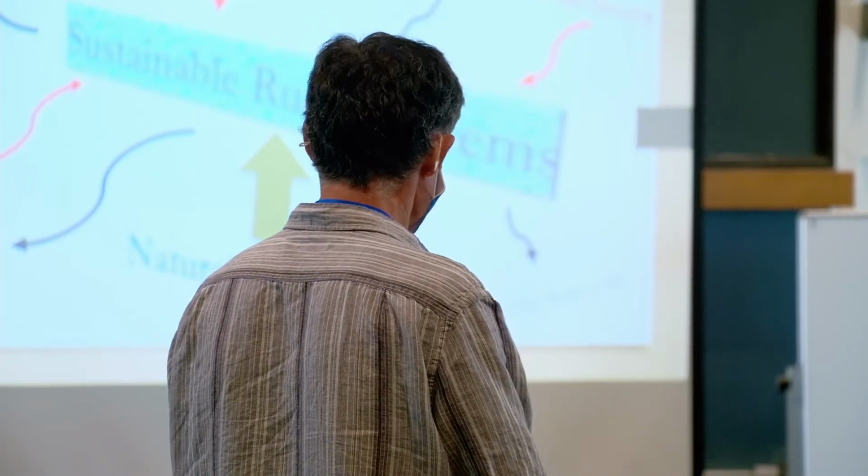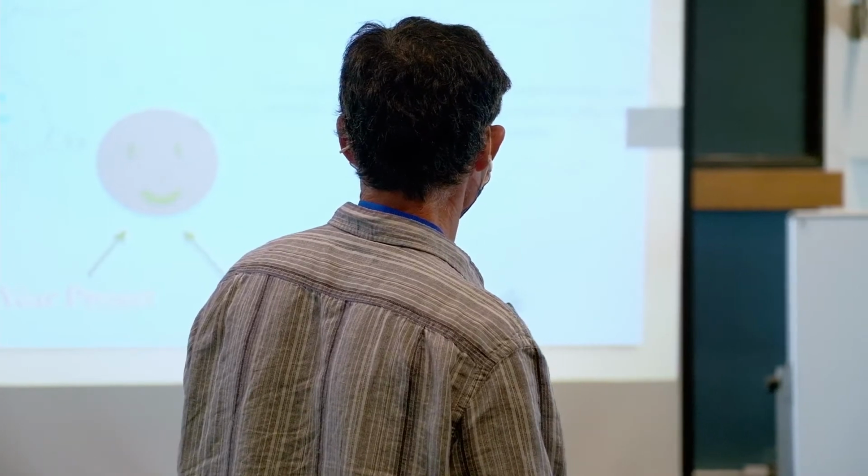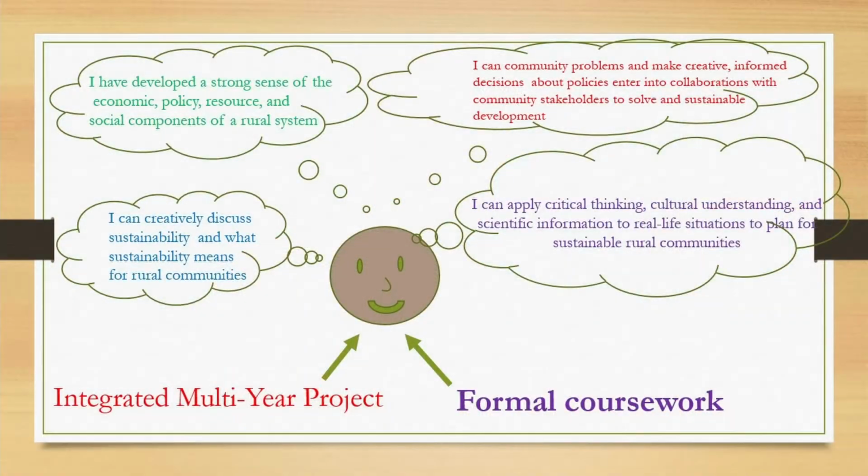Anyways, I'm not going to spend too much time on that slide. This next slide shows what we want students to come out of the program with. It's a 4-year degree program. And the main things in the thought bubbles there are kind of normal things that you probably want students to get out of any class that you would teach them, at some level.